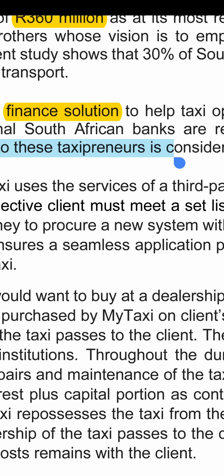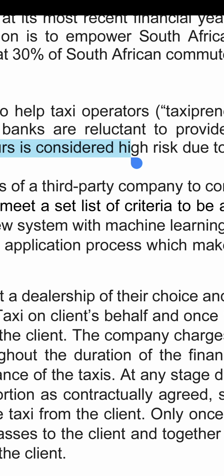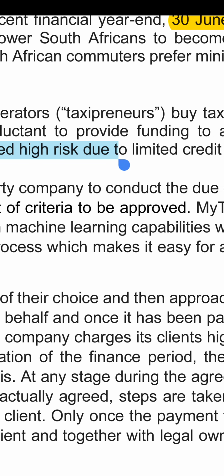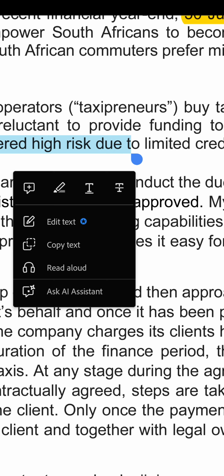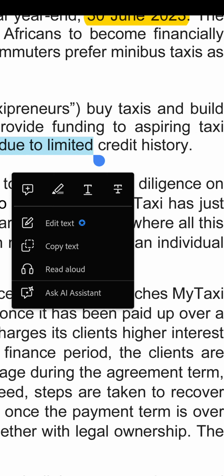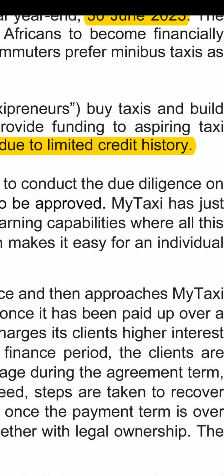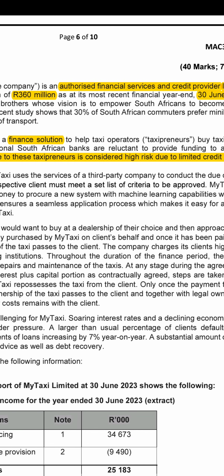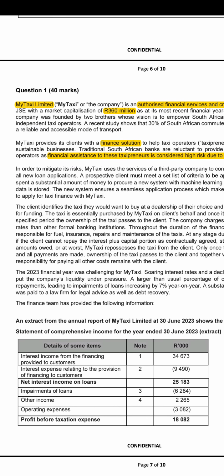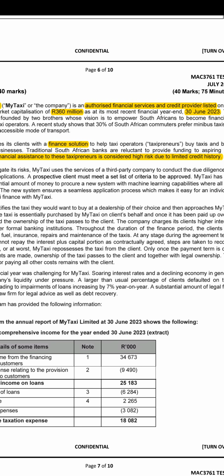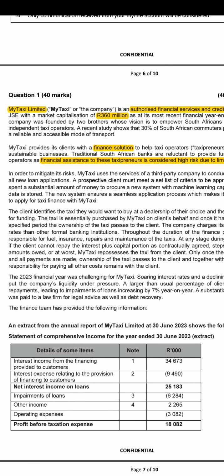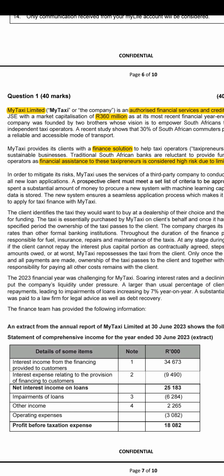And this is very relevant because it's already telling us a threat, a risk, and something that could obviously impact the clients negatively. Because let's think about it, right? The banks don't want to give finance for this.